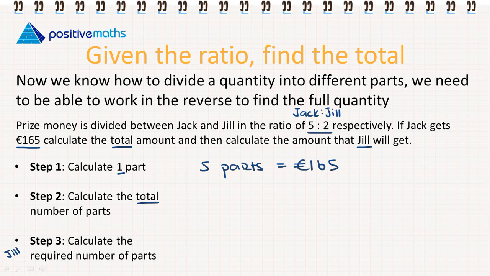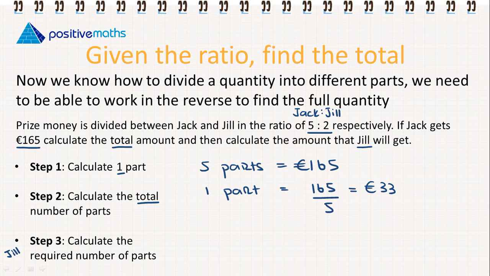Okay, so in order to find the total and to find out what Jill will get, we need to be able to find one part first. So this is our step 1. So one part then is going to be equal to 165 divided by 5. So that's equal to €33. Okay, so that's step 1. Step 2 then, we need to calculate the total number of parts.